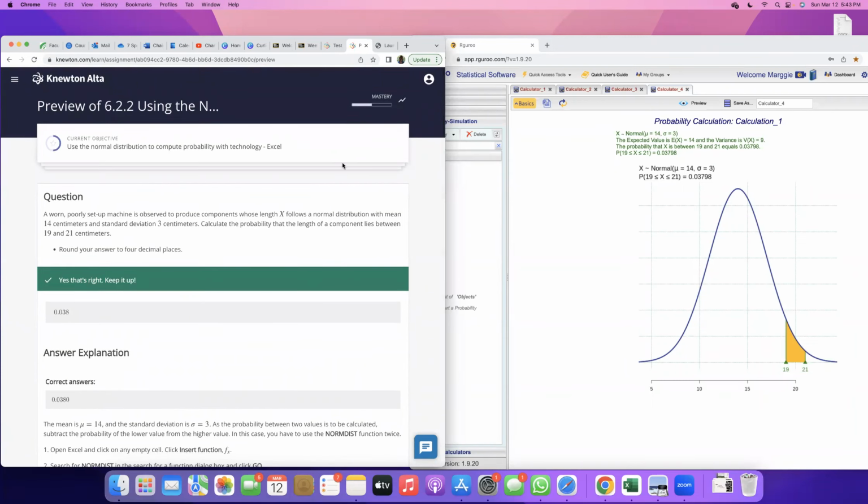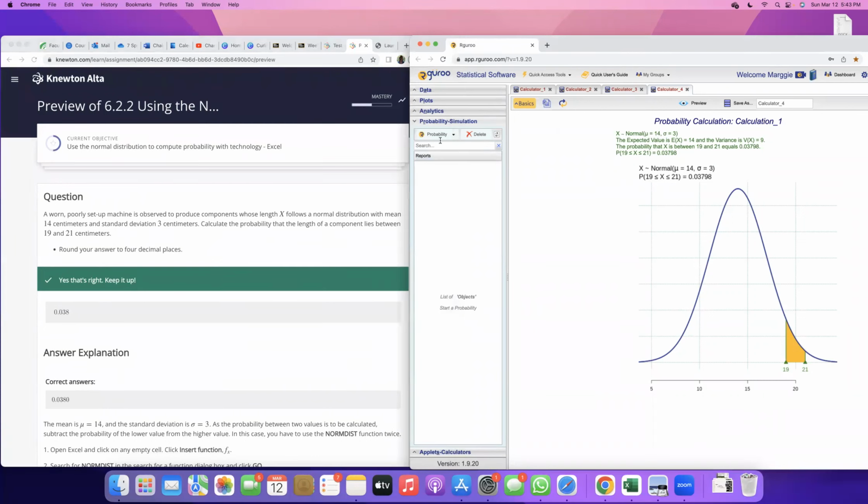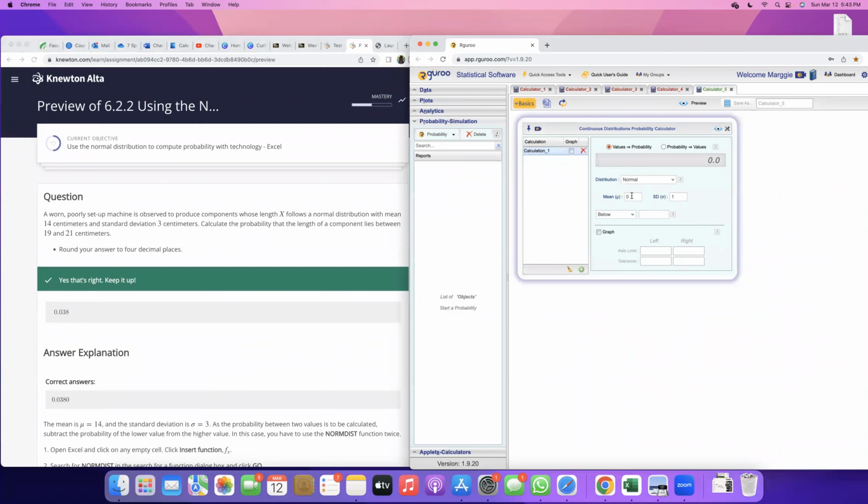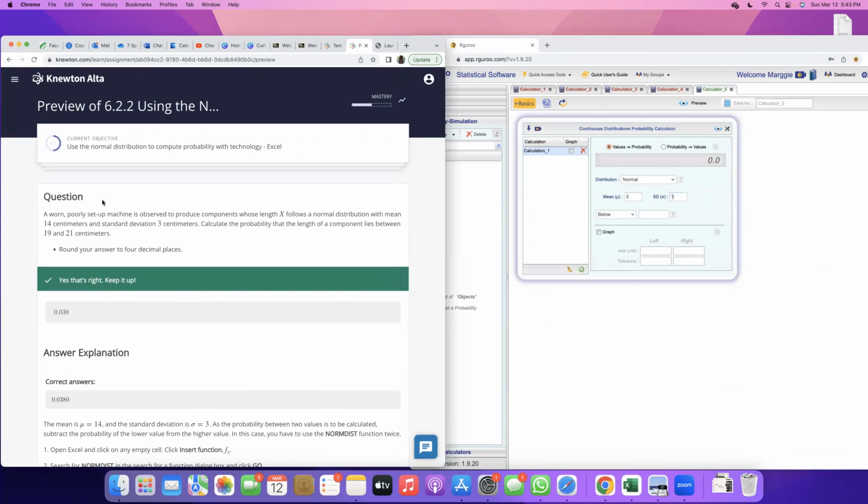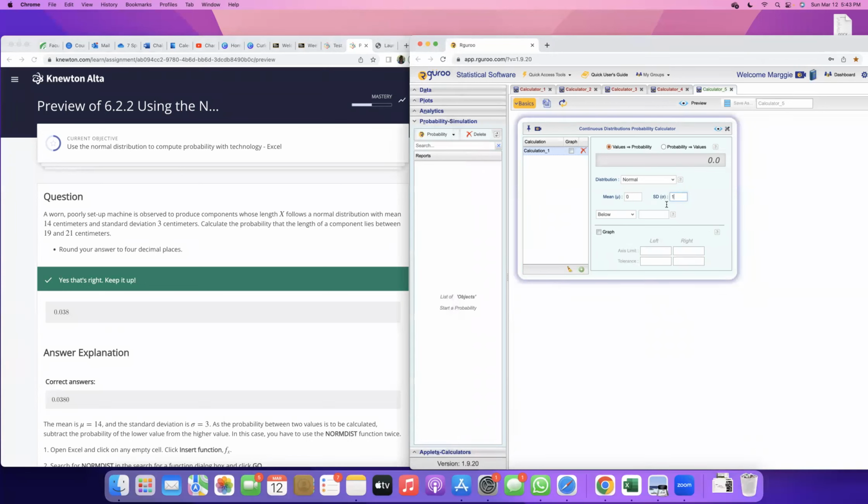Again, you always need the mean, you always need the standard deviation. Be very mindful when you are reading your problem that what you are given is actually your standard deviation and it's not your variance. And once you have that, make sure that you understand direction.